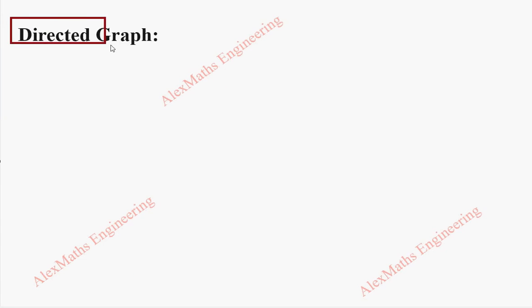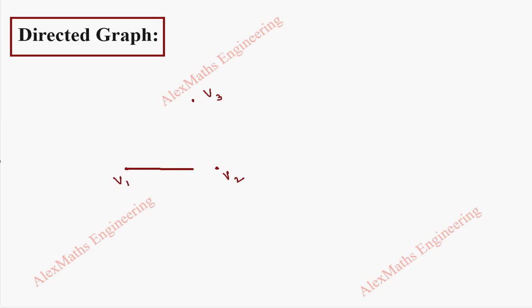Next we are going to see about the directed graph. A directed graph is the one in which we represent the edge by direction. For example, suppose this is vertex 1, this is vertex 2 and this is vertex 3. Suppose I join these, this is edge 1 and edge 2. Edge 1 has a pair of vertices v1 and v2.